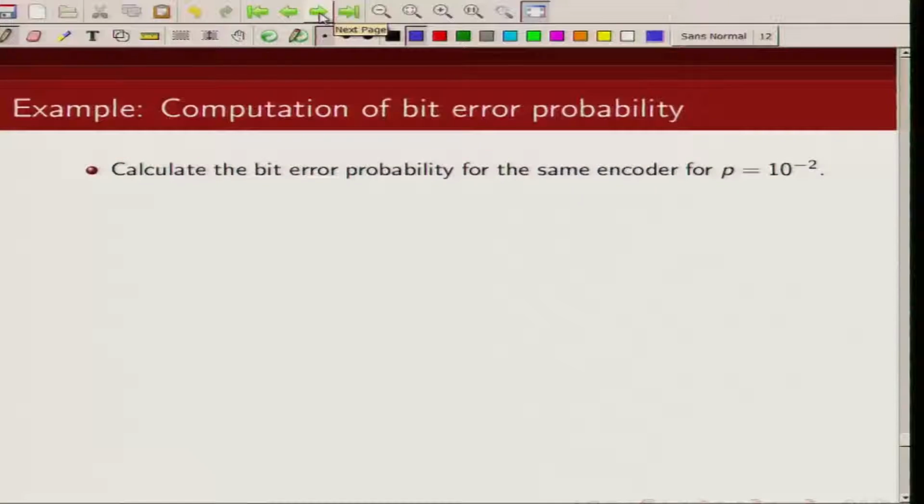Now, how do we compute the bit error probability? So, first we have to generate bit weight enumerating function. We know how to compute weight enumerating function. It has been explained in lecture 2C.